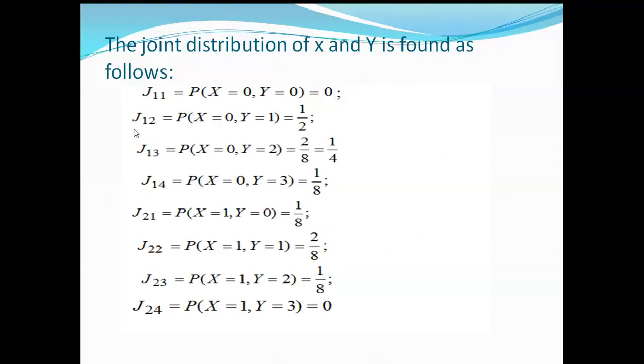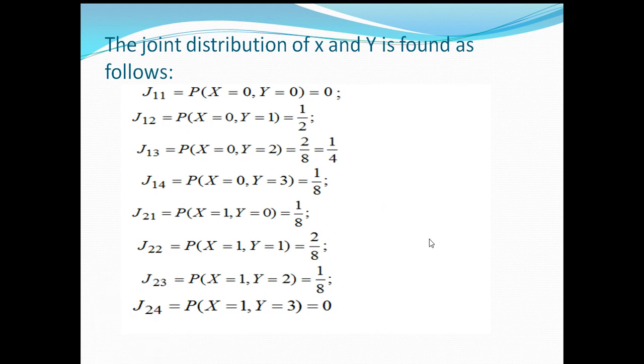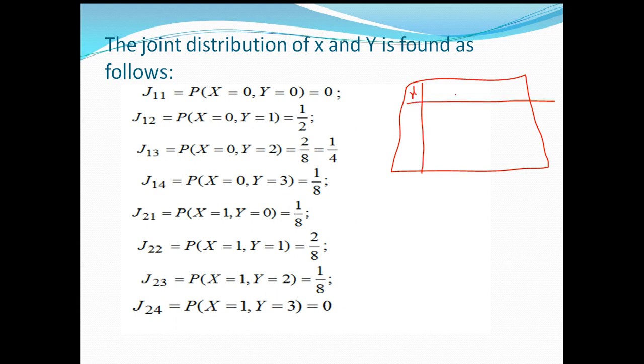So j11 is 0. Now come to j12, that is the second value in the joint distribution. j12 is equal to p of x is equal to 0. When I draw the joint distribution, if you want clarification, this is my x values and this is my y values.